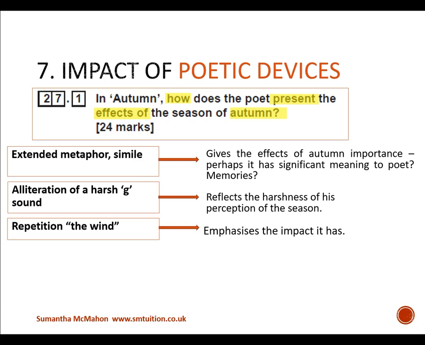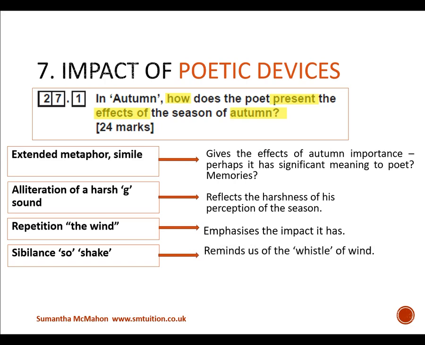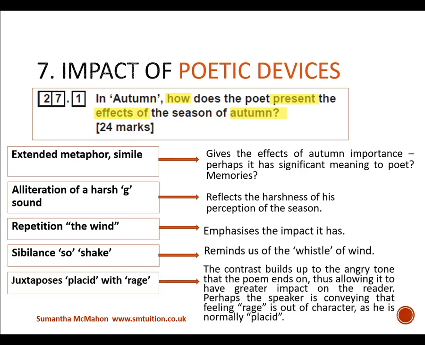I also identified some sibilance, which is quite onomatopoeic, and it reminds us of the whistle of the wind. And finally, the juxtaposition of placid with rage builds to the angry tone that the poem ends on, which makes it even more impactful. We could interpret that perhaps the speaker is conveying that his feeling of rage is out of character, since normally he is a placid person.